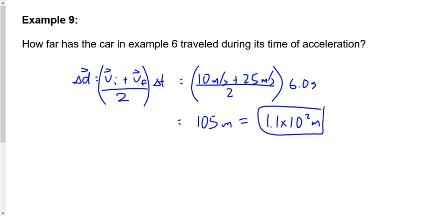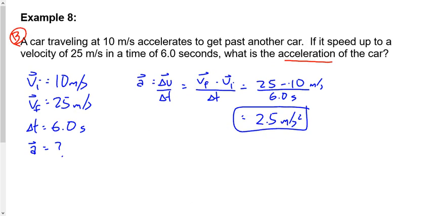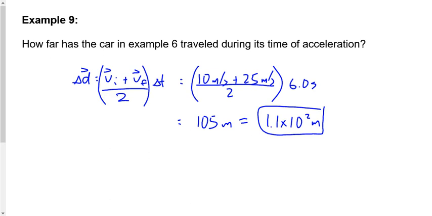So it accelerates at a rate of 2.5 meters per second squared, and it covers a displacement of 1.1 times 10 to the 2 meters in the process. Now, in this case, this equation is not the only one that'll work for this. We could try maybe d is equal to VI T plus 1/2 A T squared.